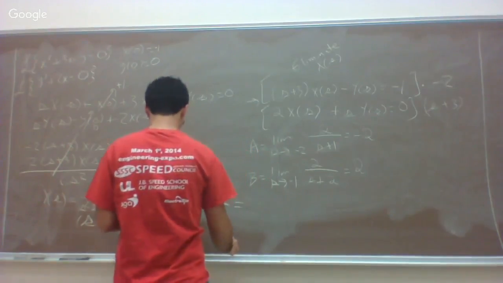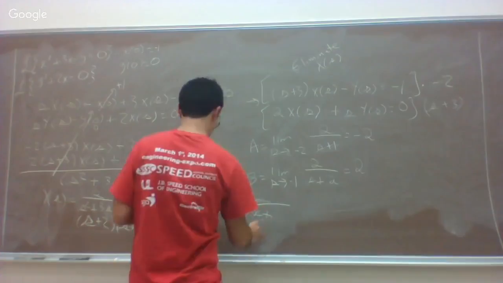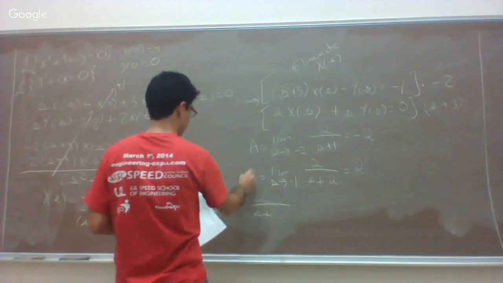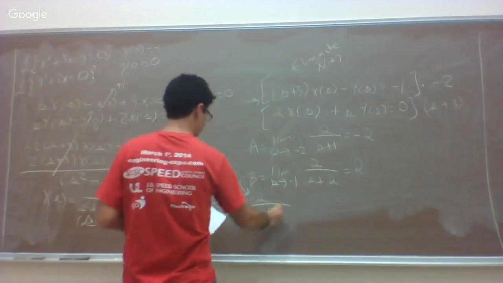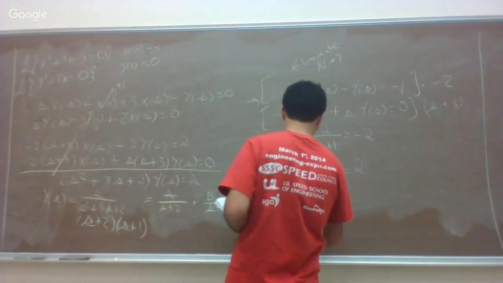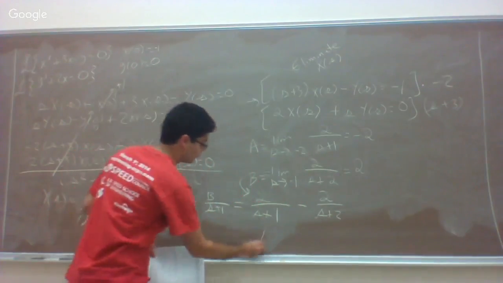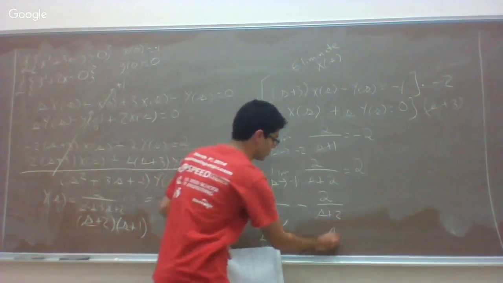So that my Y of S is equal to 2 over S plus 1, minus 2 over S plus 2. This is the B portion, and this is the A portion.